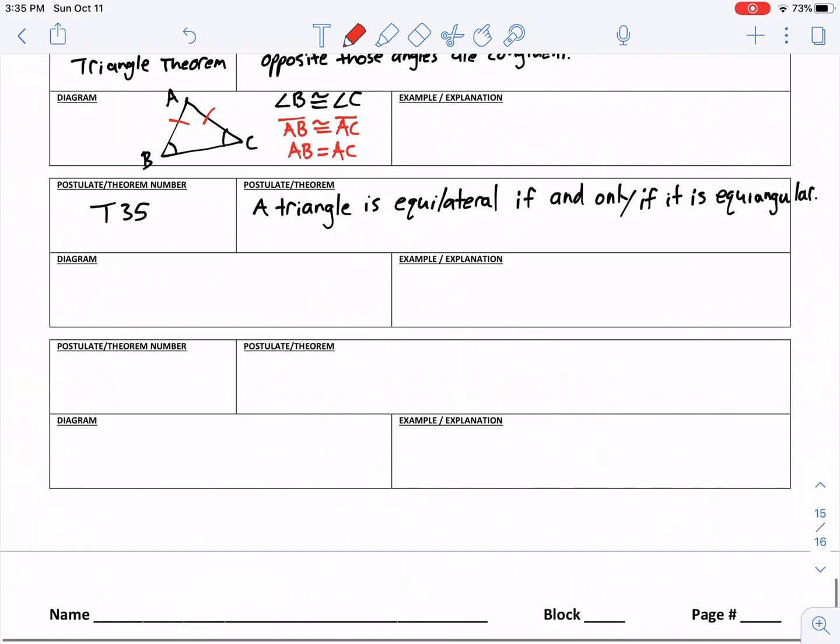Okay. Last thing here, a triangle is equilateral if and only if it's equiangular. Okay, when you hear the words if and only if, that means it works both ways. So if it's equiangular, it's equilateral. If it's equilateral, it's equiangular. Now remember, we're talking about equal, so we're saying equal sides and equal angles.